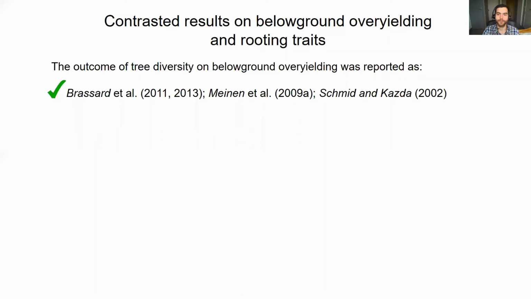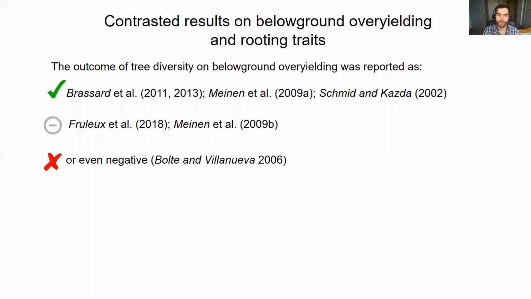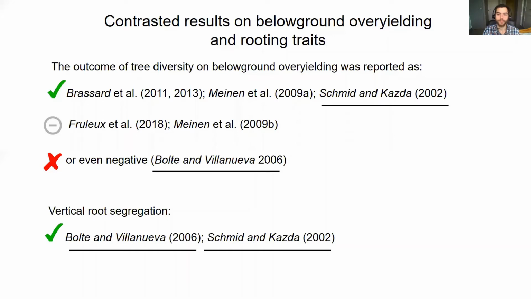However, mixtures of tree species that fulfill these requirements have also given neutral or even negative results in other studies. For example, in Schmidt and Kata 2002 and Bolton and Villanueva 2006, there was a positive and negative outcome of diversity respectively. However, vertical root segregation was observed in both studies.